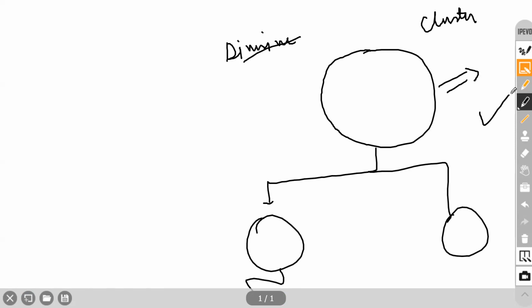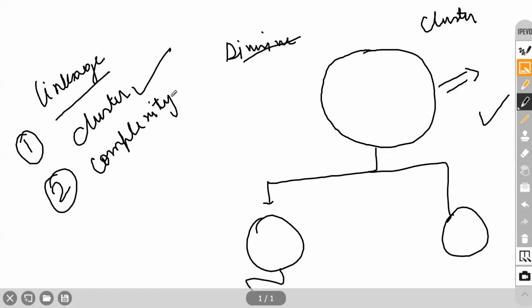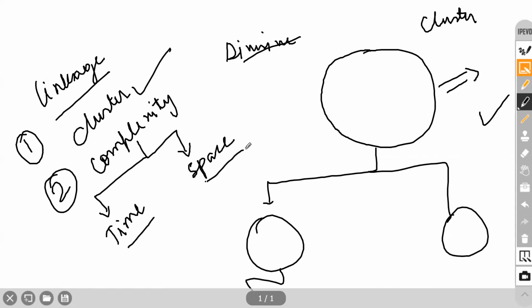Now, the next step is that we will see how the linkage method impacts your clusters. This is point number 1. Point number 2, which we are going to see in the next video, is the computational complexity, how much complexity it has in terms of time and space.